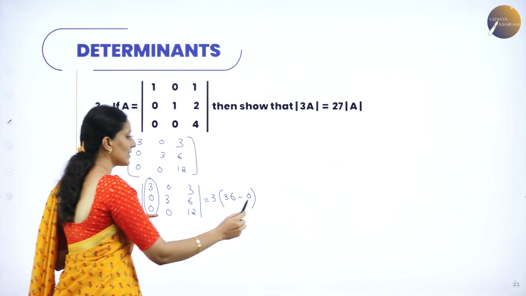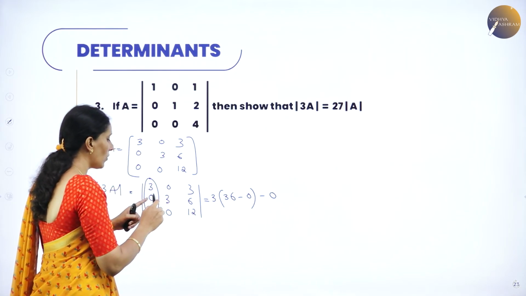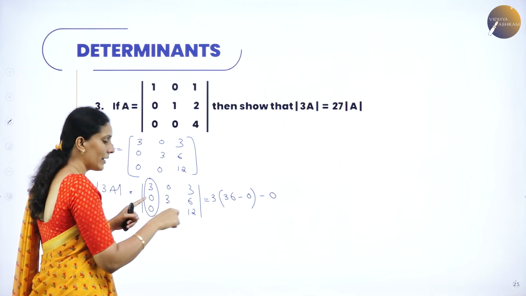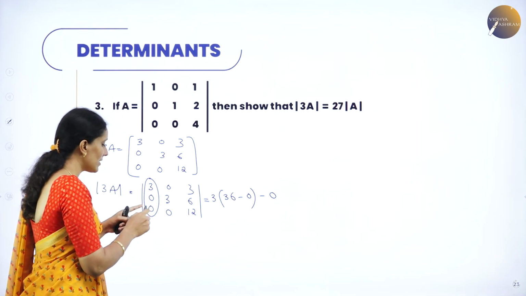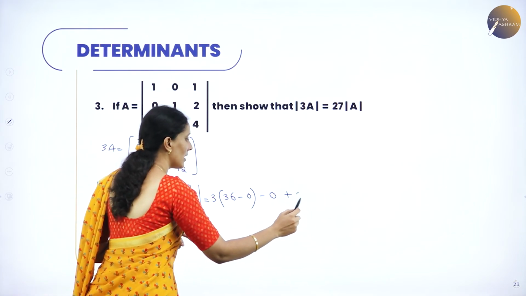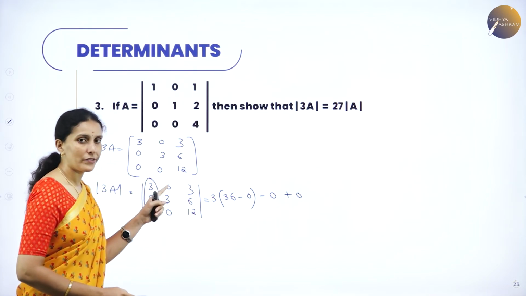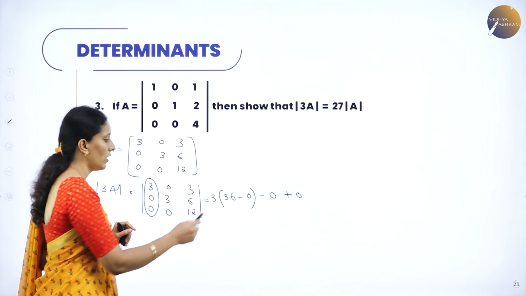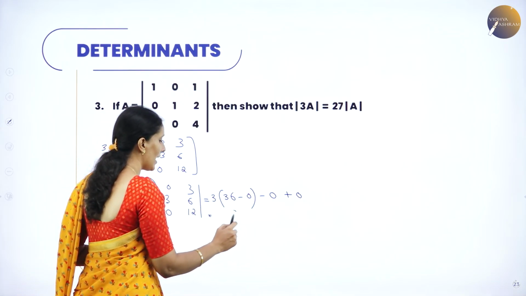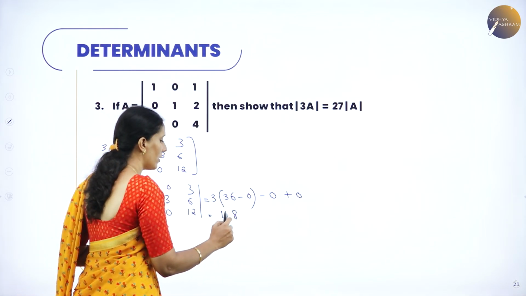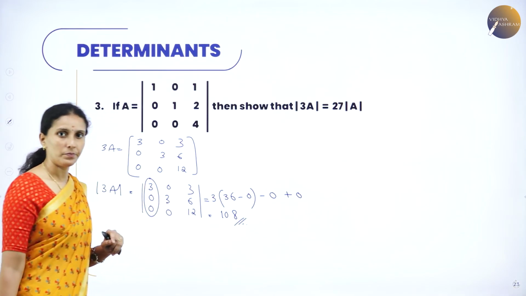Next is minus 0, delete the row, delete the column, and 0 into anything is 0 again. Next is plus 0, and 0 into anything of the determinant is 0 again. Now let us evaluate it. 6 3s are 18, 3 3s are 9, 108 is the value.